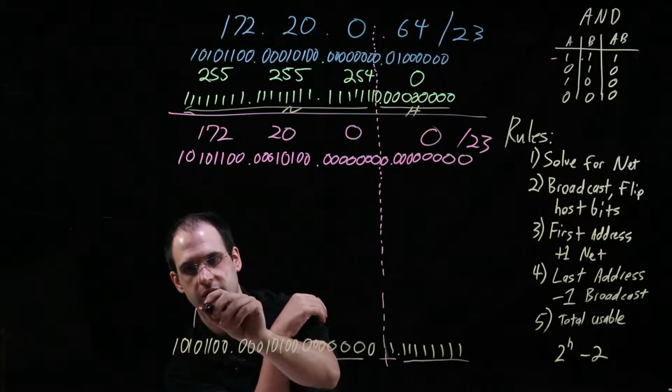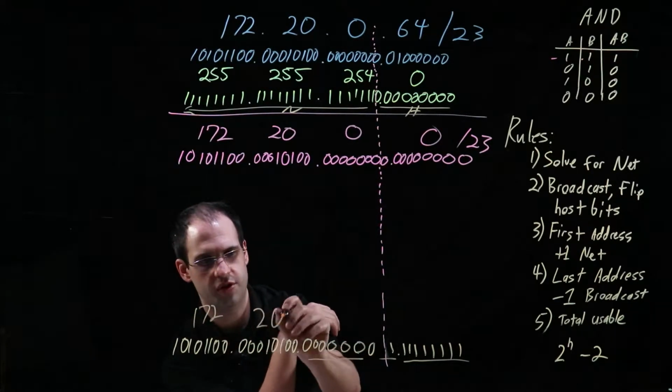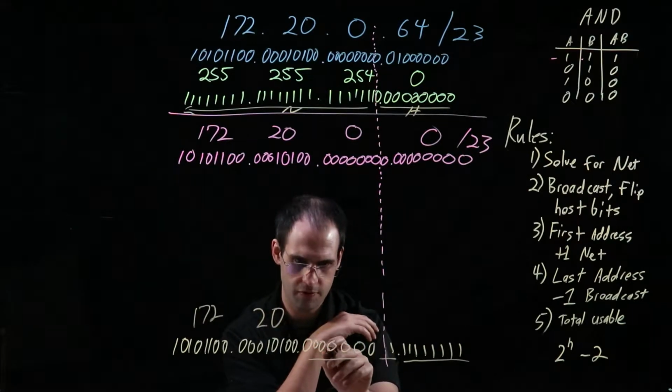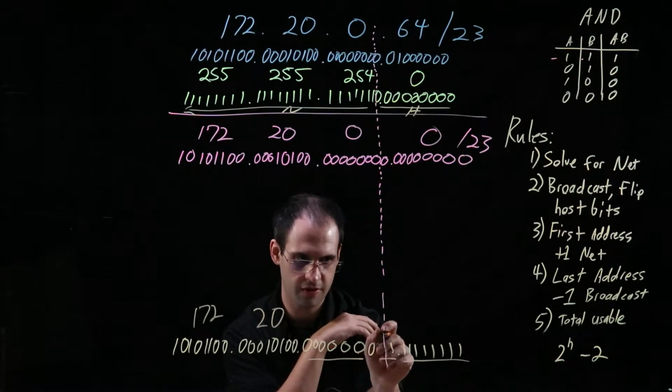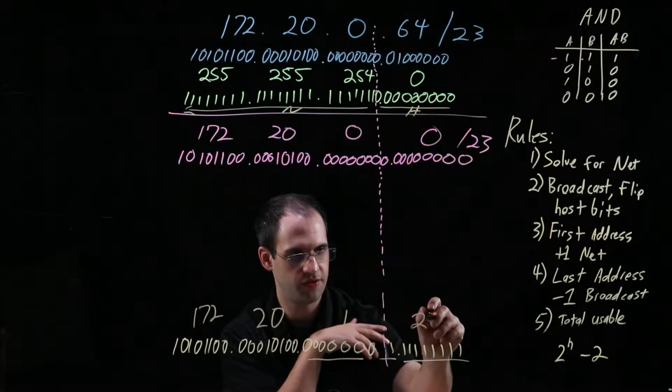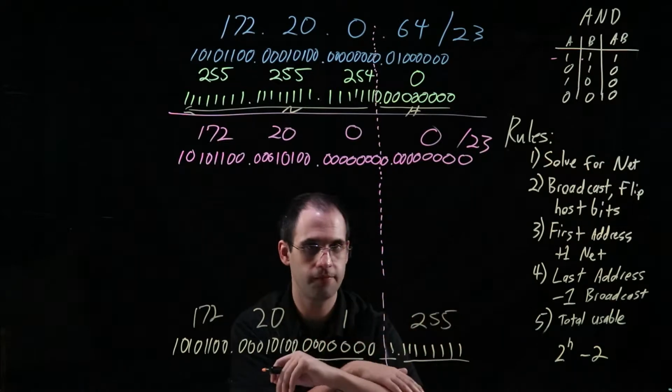So this is still 172, this is still 20, but this, 7 zeros, 1, 2, 3, 4, 5, 6, 7, and then a 1 is 1, and 255.